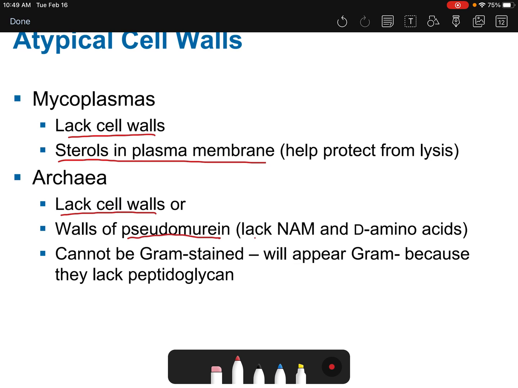So they won't have the NAM or the other amino acids. These cannot be gram stained because they'll just look gram-negative because they don't have that peptidoglycan layer. So it doesn't do any good to use a gram stain on them. We only use those on just the regular bacteria that have peptidoglycan layers.